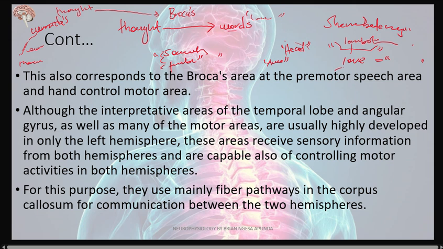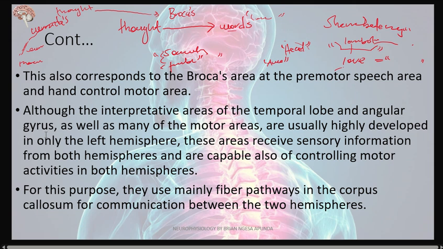And this is why we have the corpus callosum, in that despite you having your Wernicke's area mostly dominant on one side, it doesn't mean that it is ignoring the signal from the other. That means the signals from the other side will get through to the specific area. A good example will be the visual area.